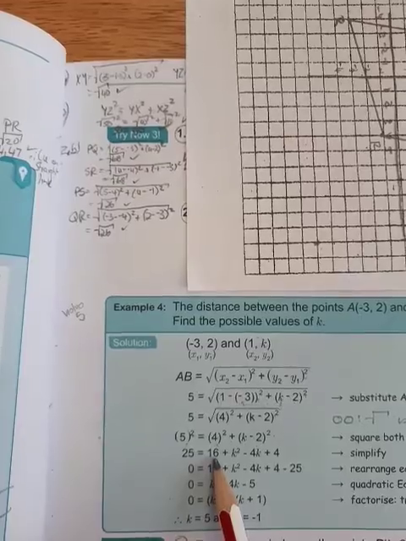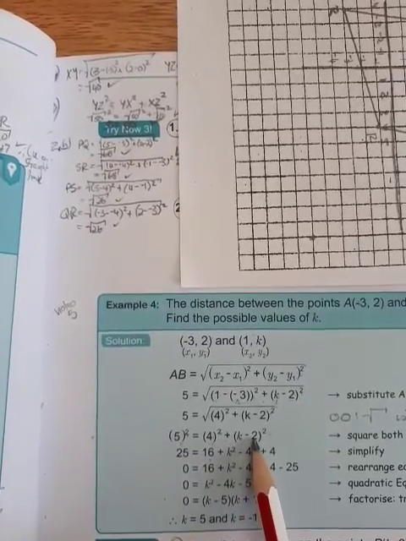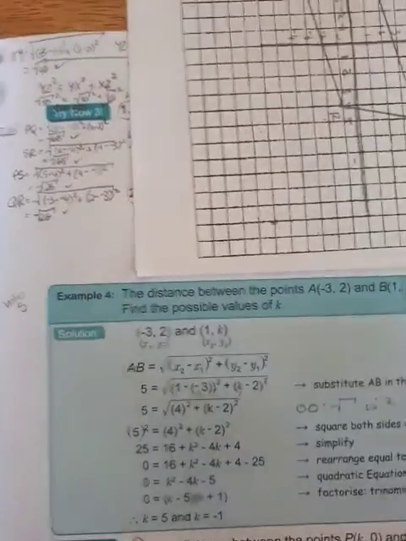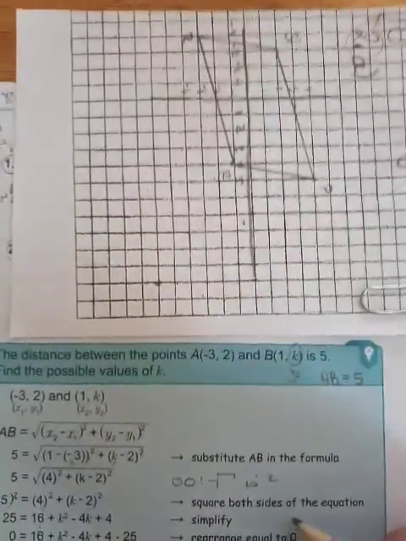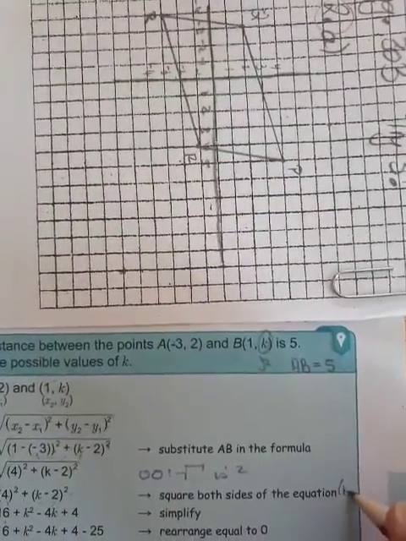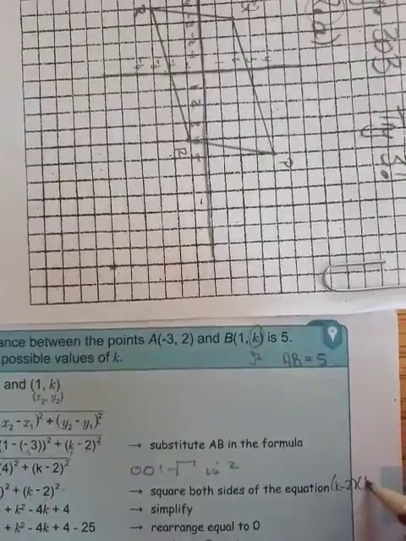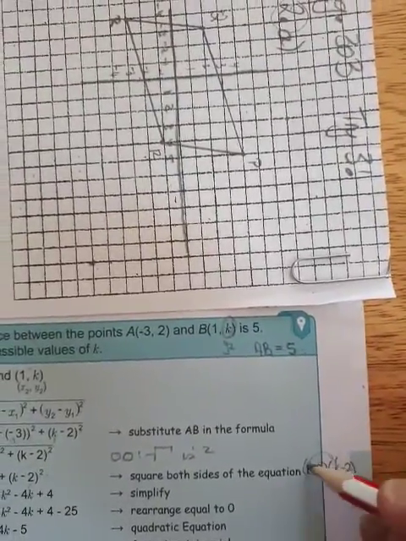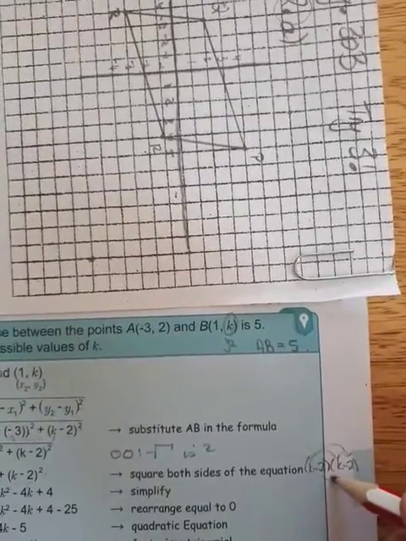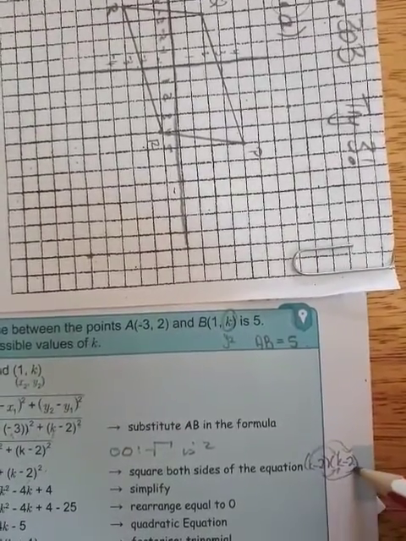Then calculate your right-hand side. 4 squared is 16. Then (k minus 2) squared. Remember, let me just write it down here: (k minus 2) times (k minus 2). We calculate first times first, first times second, second times first, second times second.